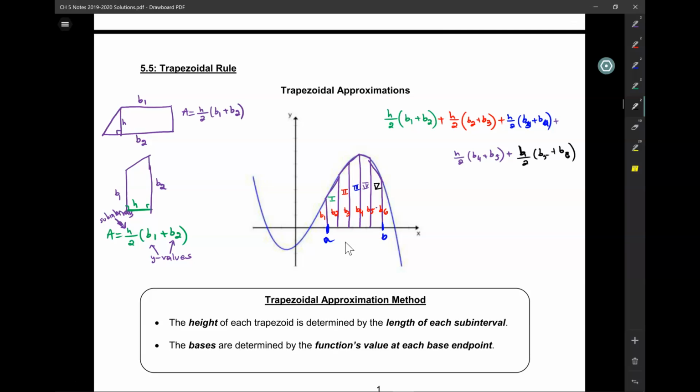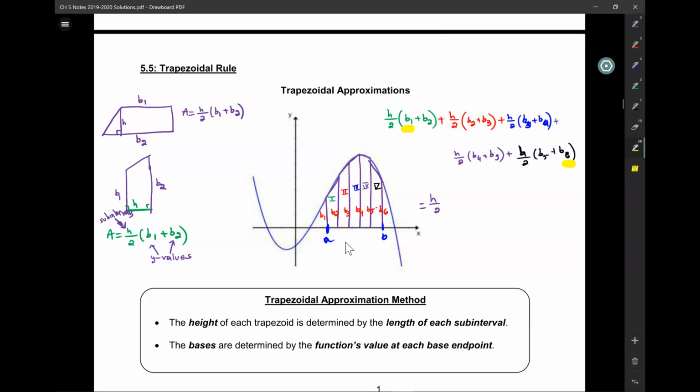Okay. So now, look at what happens. I can take out an H over 2, right? And then, look at the bases. I have 1 base 1 and 1 base 6.